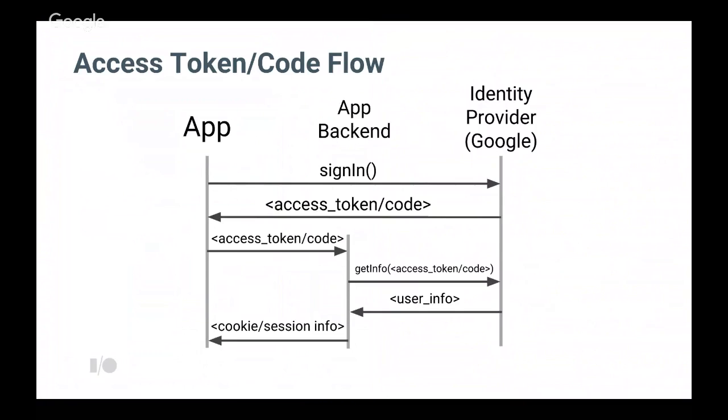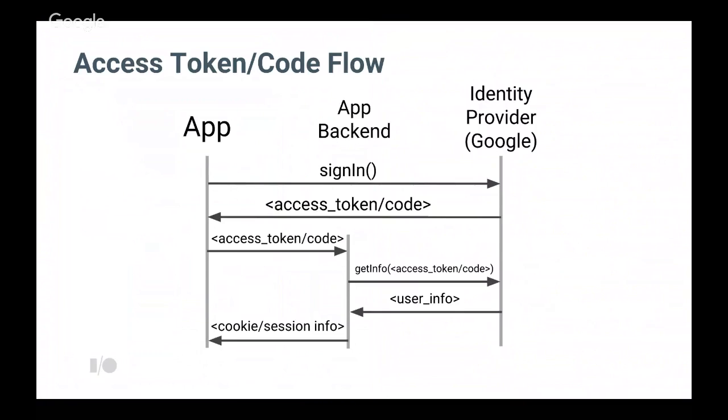Then an OAuth access token or code is returned to the app, which sends that token or code to its application backend server. The server then uses the token to access a Google API through a REST call on the web to obtain the user's information. And then with that information coming from Google, the application can set up a session, which is typically a cookie, something like that. So this is a pretty standard OAuth flow.